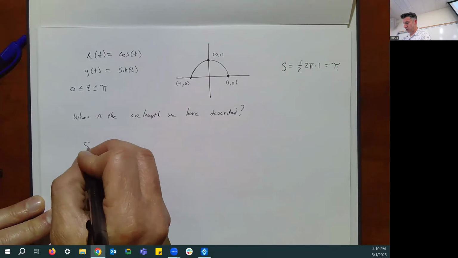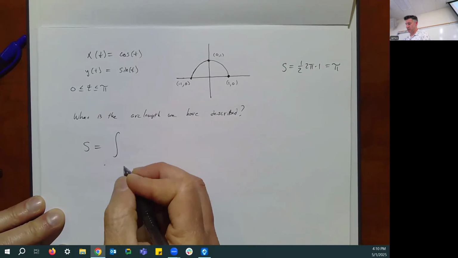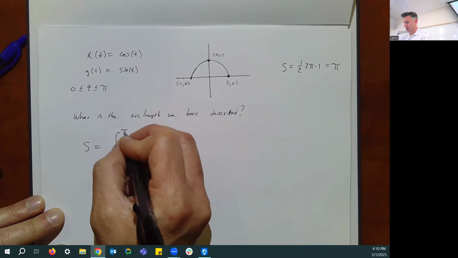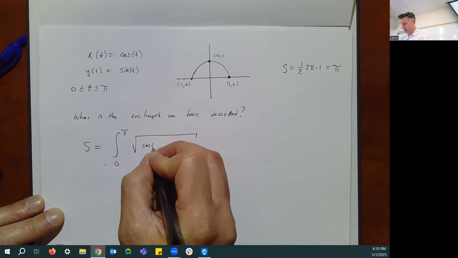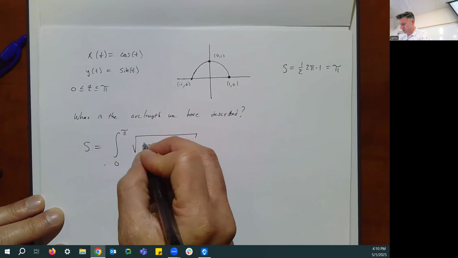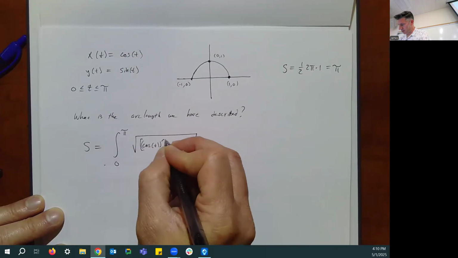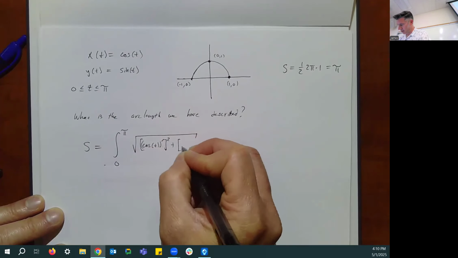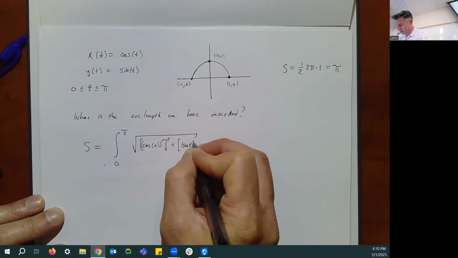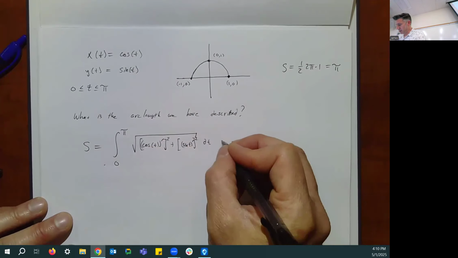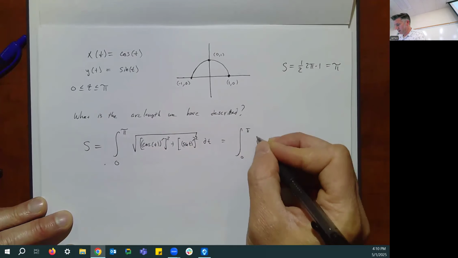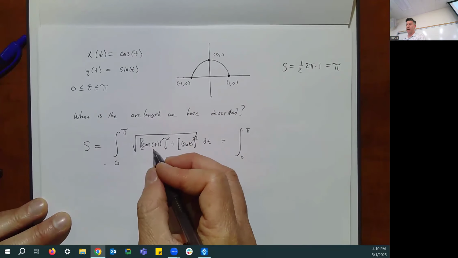So the arc length should be the integral from t equals 0 to t equals pi of the square root of the derivative of cosine squared plus the derivative of sine squared, dt. Oh, but check this out. Cosine's derivative is negative sine.